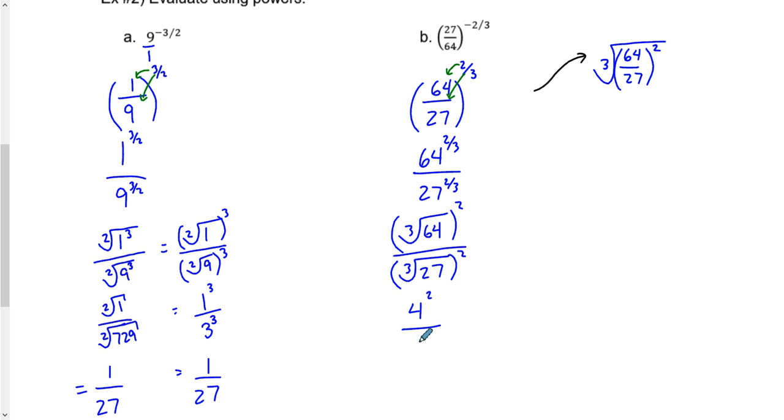The cube root of 27 is 3, 3 squared. 4 squared is 16, 3 squared is 9. If you just type this in your calculator and you get 1.77777777, you haven't shown me that you know how to use this, which means I can't give you any credit for it.